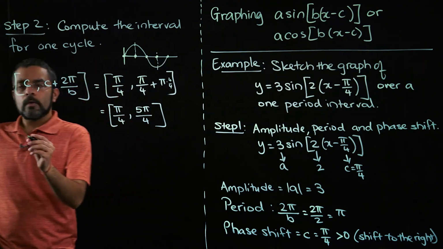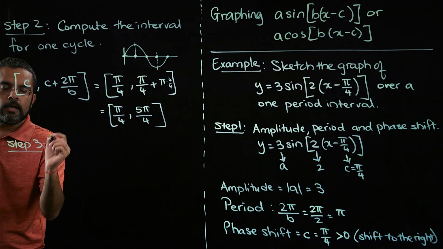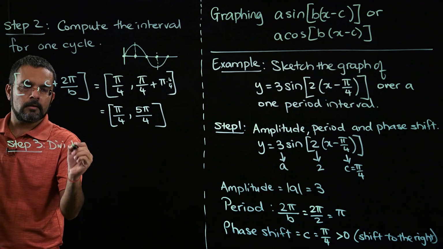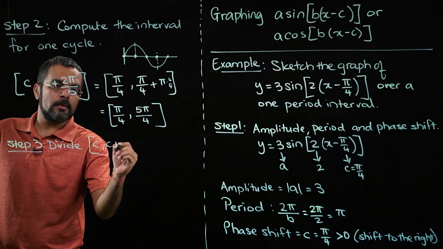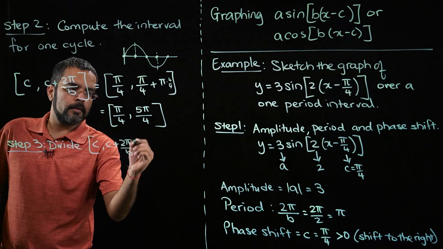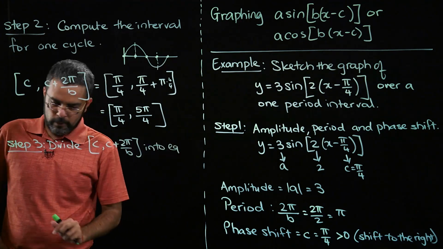So what I want to do in my next step, step 3, is divide this interval c comma c plus 2 pi over b into 4 equal parts.